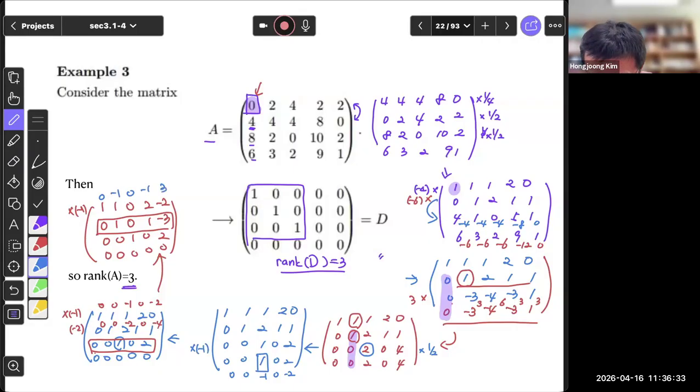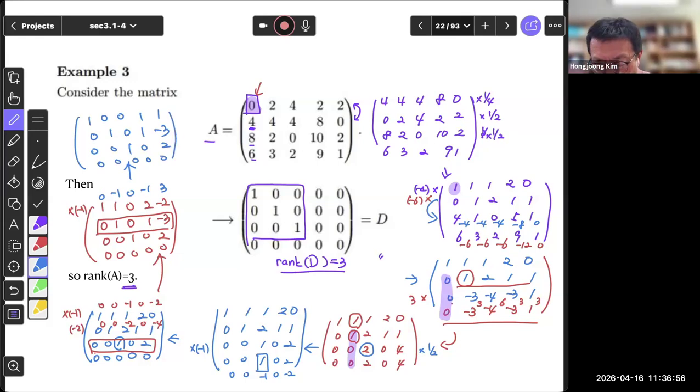So if you add them, you get 1, 0, 0, 1, 1, 0, 1, 0, 1, negative 3, 0, 0, 1, 0, 2, 0, 0, 0, 0, 0 is obtained.